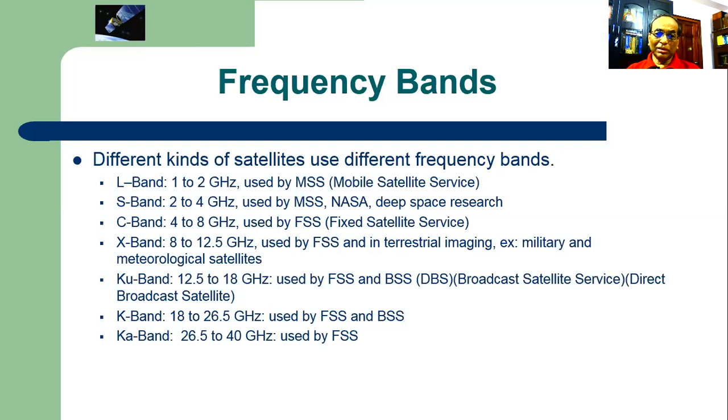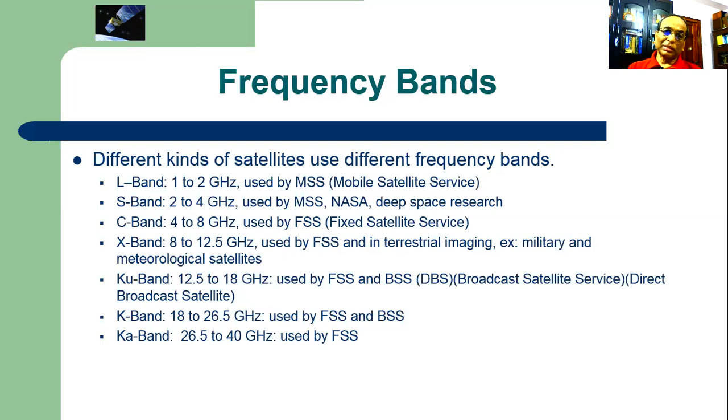Ka band is from 26.5 to 40 gigahertz, used by fixed satellite service. So these are the several bands: L, S, C, X, Ku, K band, and Ka band.